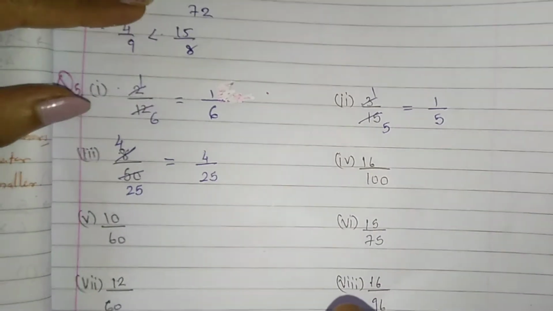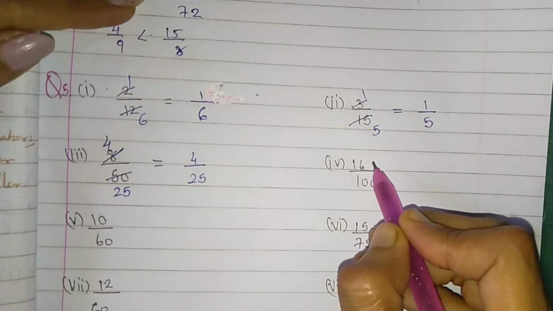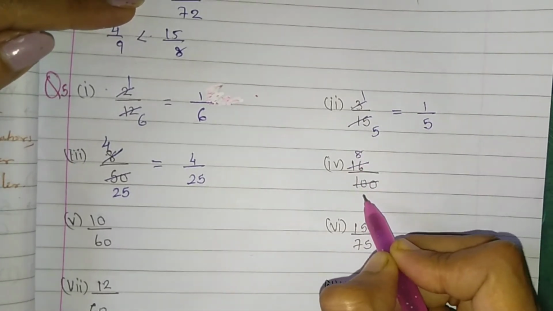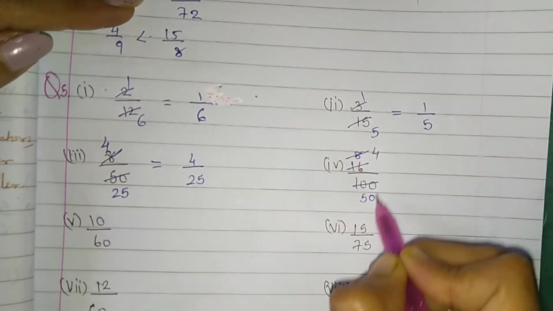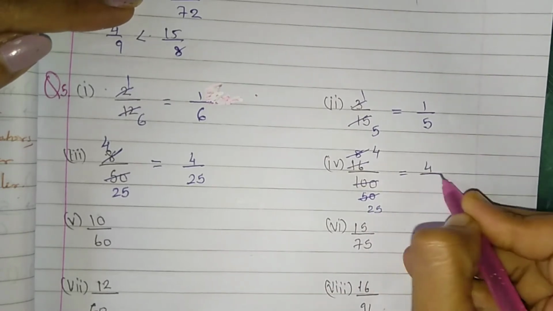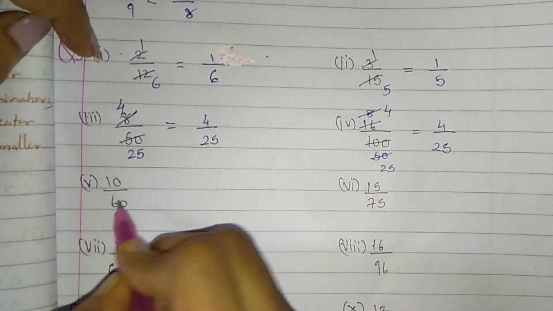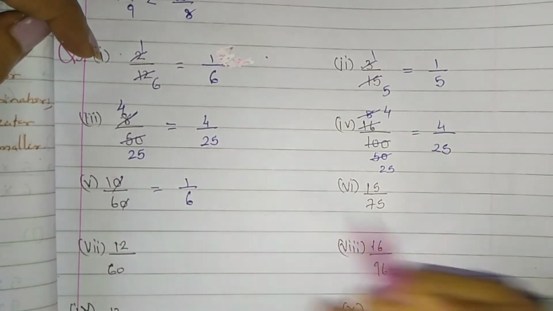Can we cancel? No. Now here 16 upon 100, first of all we'll divide by 2, so 2 eights are 16, 2 fifties are 100, so 2 fours are 8 and 2 twenty-fives are 50, so it equals 4 upon 25. Now another one, 10 upon 60, so the zeros cancel, which is 1 upon 6.